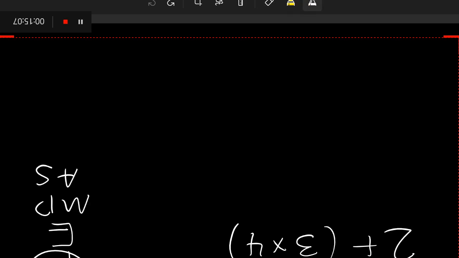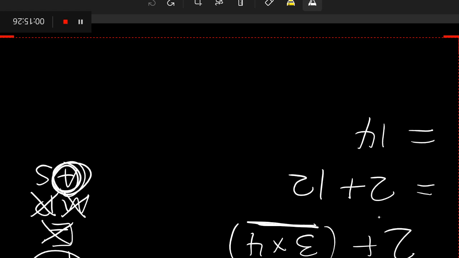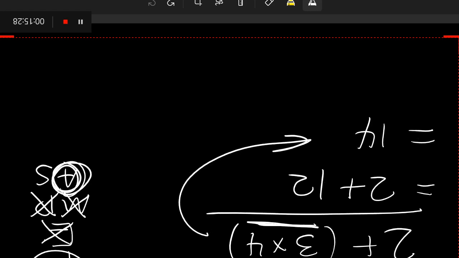It's right here. And we need to do that first. So that's 2 plus, what's 3 times 4? Well, that's 12. And then we see no more exponents, no multiplication, no division. We see addition. 2 plus 12 is 14. So this simplifies to 14.